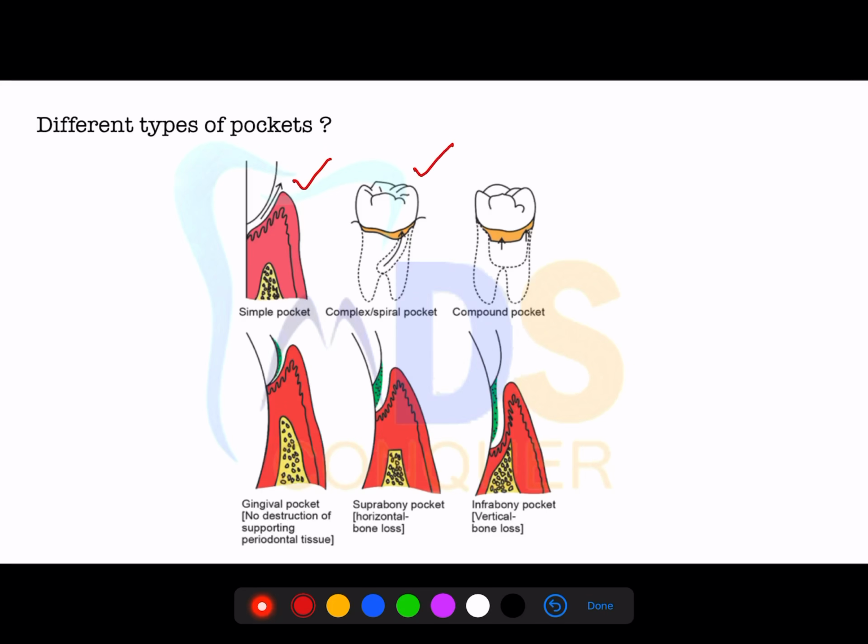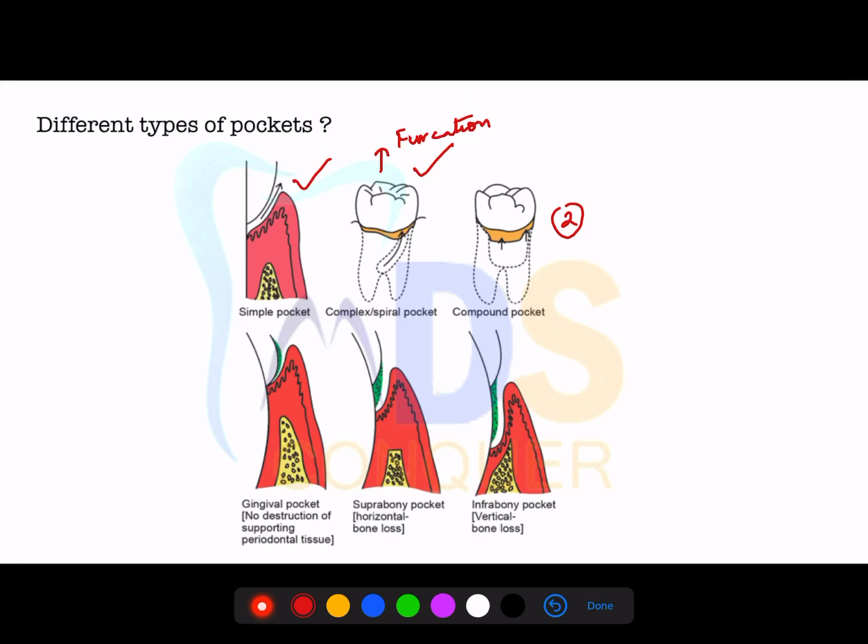Then make a note of the complex or spiral pocket, which starts at one surface and opens at another surface. It is most commonly seen in furcation areas. Whereas a compound pocket involves two surfaces, similar to simple caries, compound caries and complex caries.